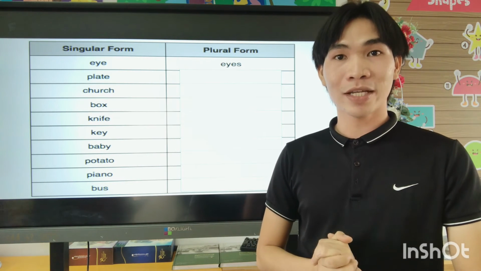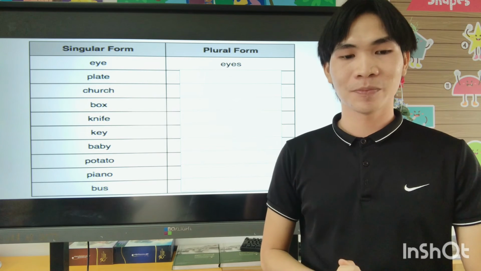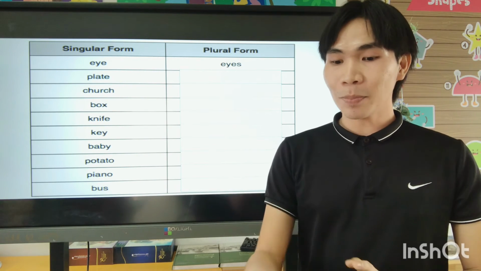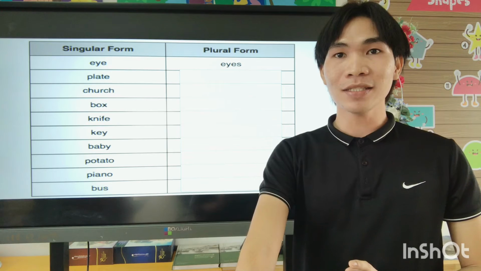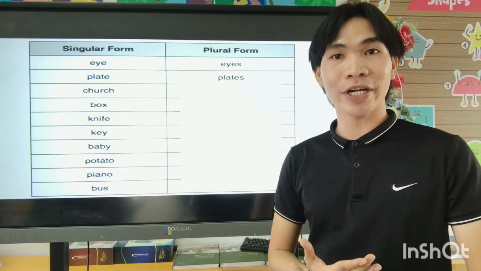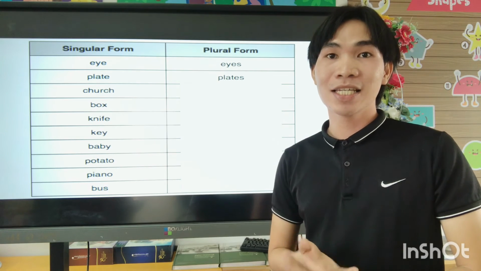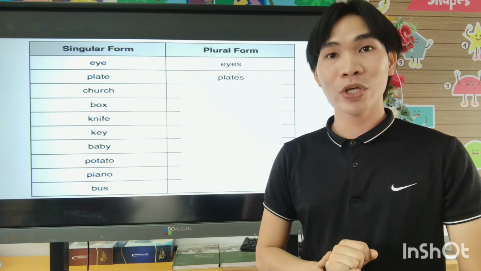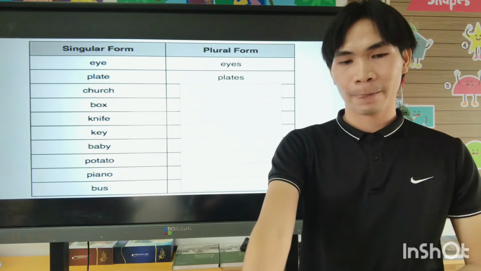Okay, now let's see if your answer is correct. The plural form of the word plate is plates. So again, in this word, we applied the first rule, which is add S.